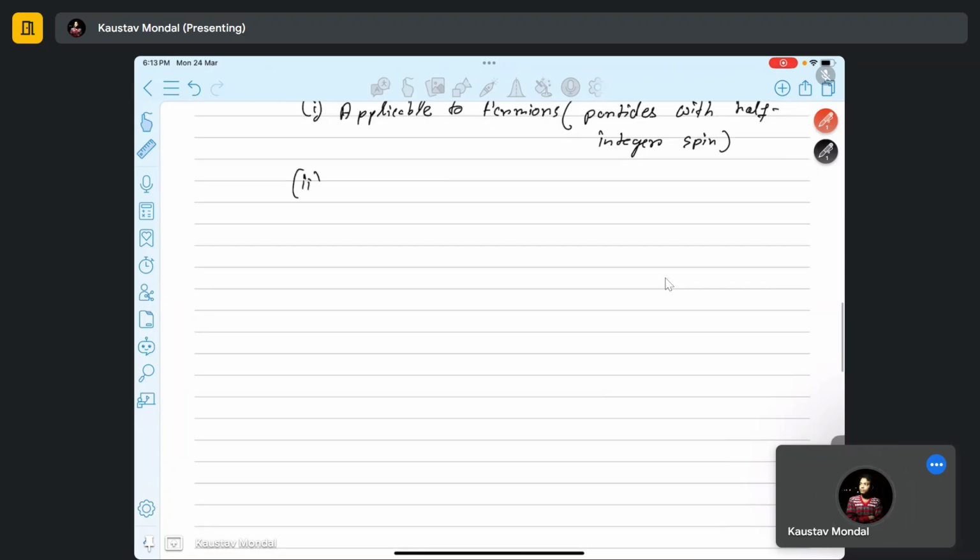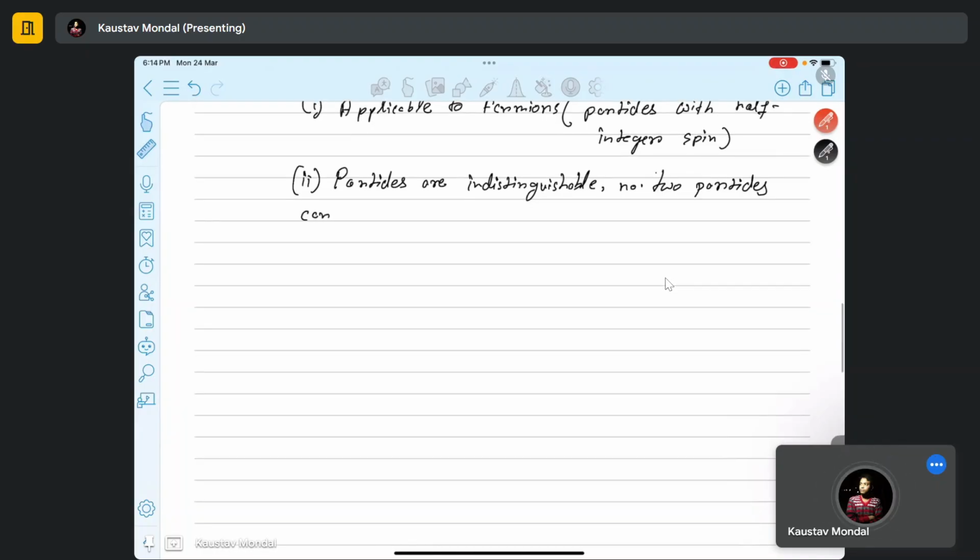The second feature: here also particles are indistinguishable, and no two particles can occupy the same energy state.